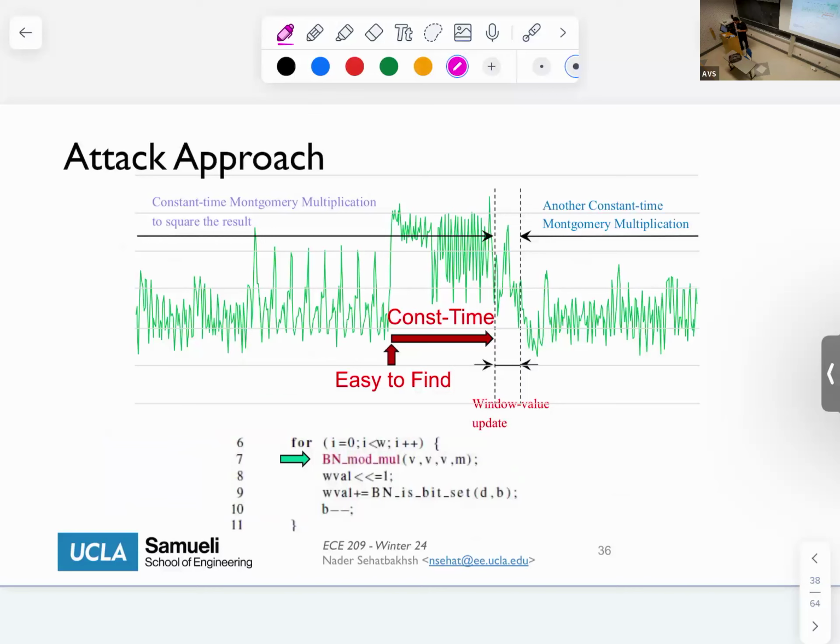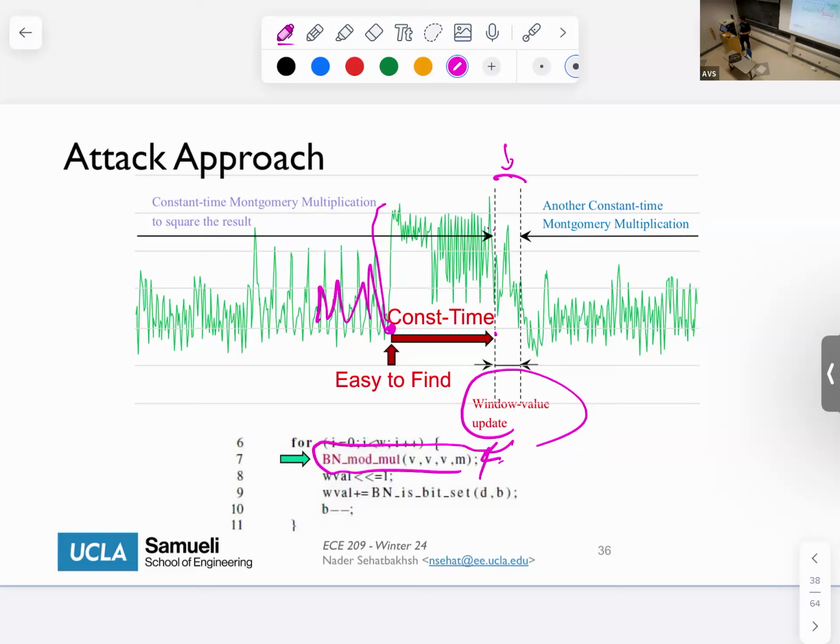So what these guys found was, essentially, if you're looking at this signal, there will be lots of things going on, but there is this very prominent signature where the signal looks like this, then jumps up and then does something, and then there will be a window. What they found is that there is a time between here and here, and this is basically where this multiply happens, okay? So this tiny bit of signal is when this particular multiplication is happening.